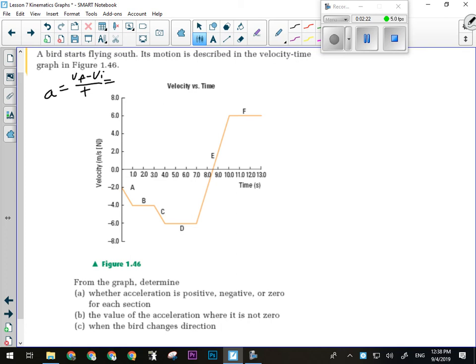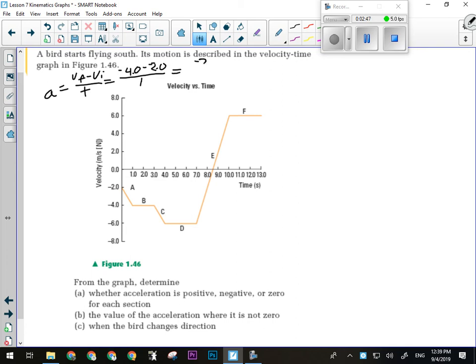I can use that for part A because I know that vf is negative 4 and vi is negative 2, so minus negative 2.0, and then we divide that by how long that takes, 1 second. So negative 4 minus negative 2 is a change in velocity of negative 2 meters per second.